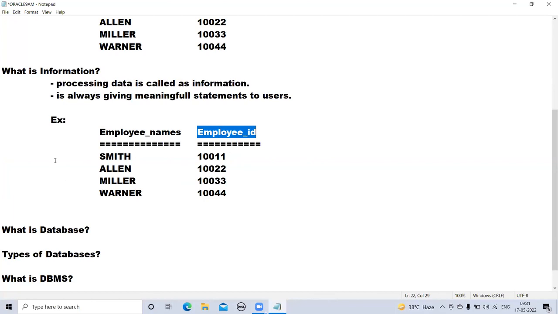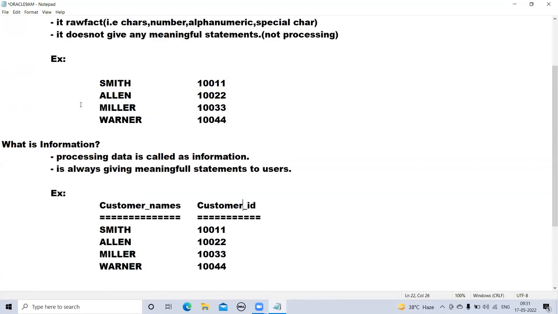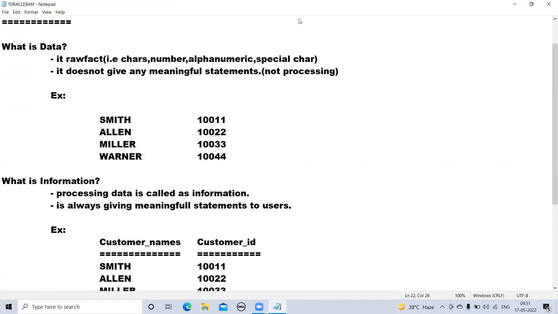Not only this, for example, if I want to change here, then this time all these names belong to customers, and here I will take the customer ID numbers. So what is the difference between information and data?